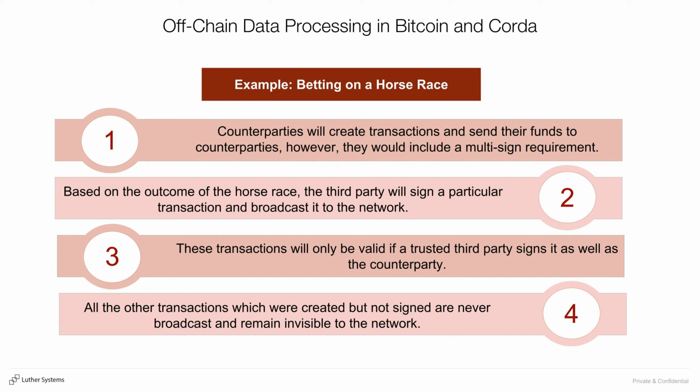Another way you can think of this is you could have off-chain multiple parties creating transactions with each other and agreeing on each step of a process that's being executed. And then only when something goes wrong does one of the counterparties broadcast a transaction on, let's say, the Bitcoin network.